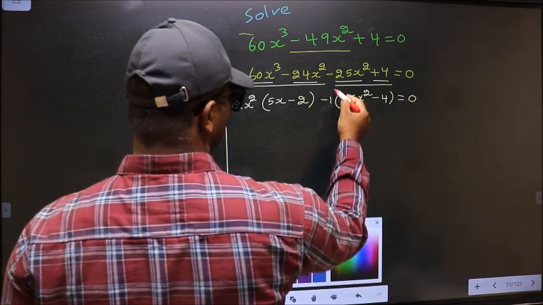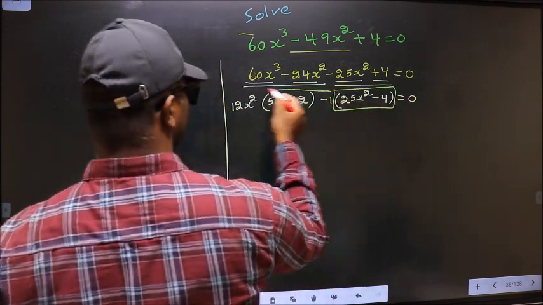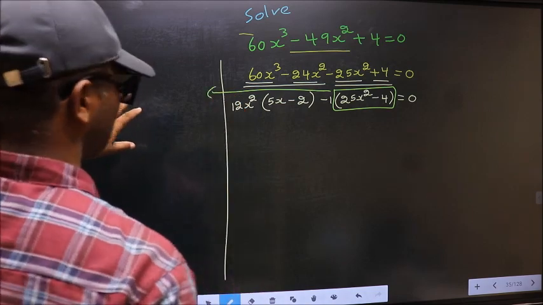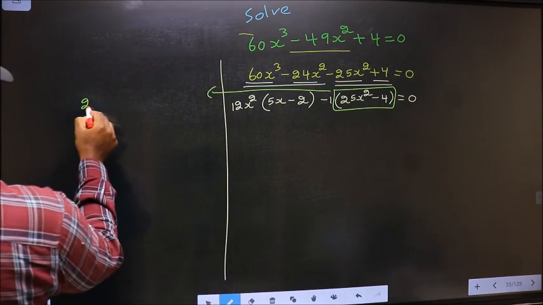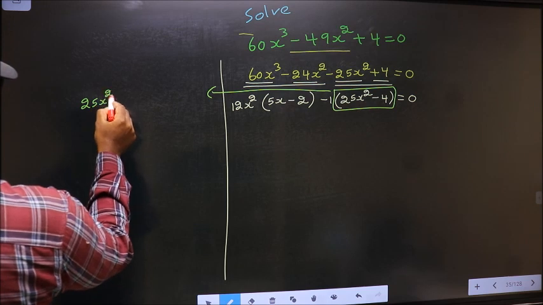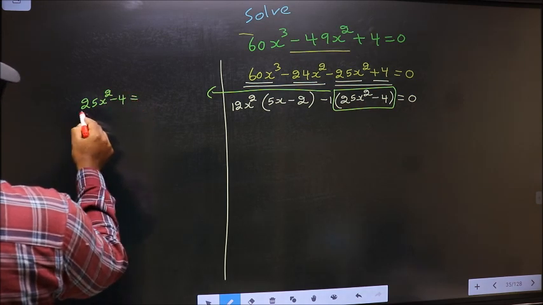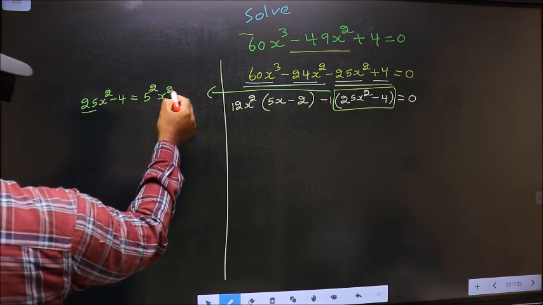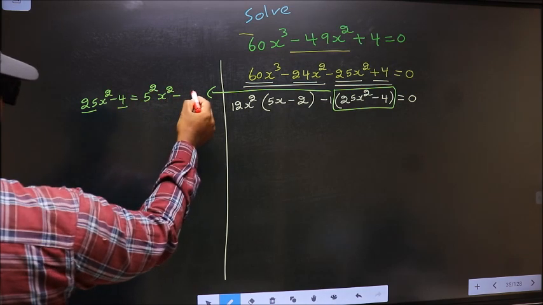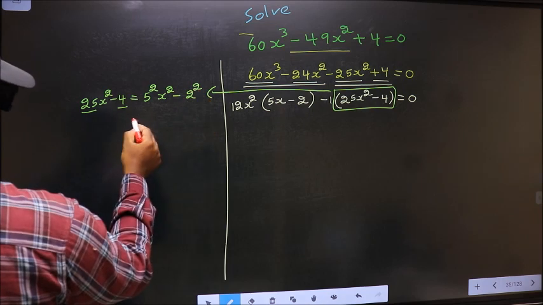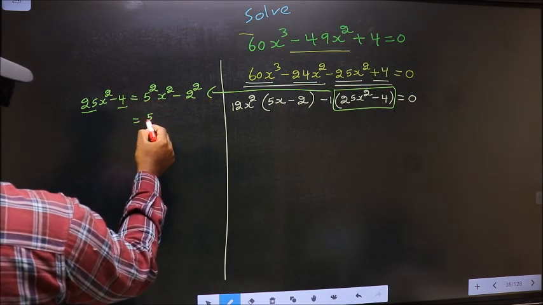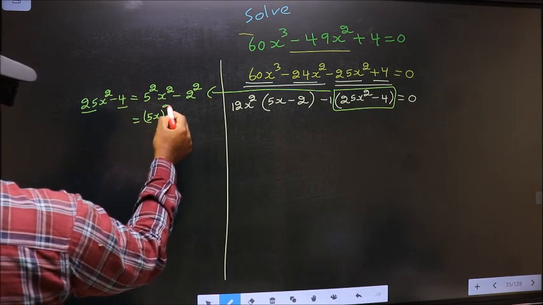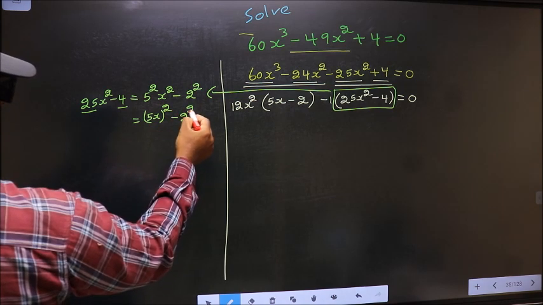Now this quadratic I will simplify it here. That is 25x square minus 4 equal to, in place of 25 I write 5 square x square minus, in place of 4, 2 square. So 5 square x square is nothing but 5x whole square minus 2 square.